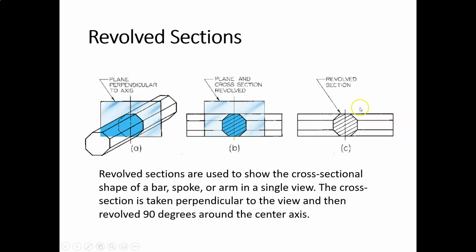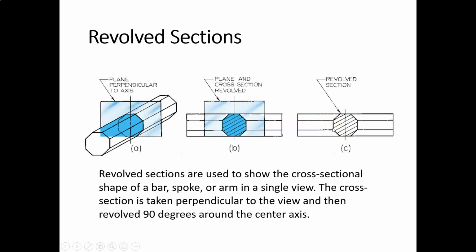And so this is the finished view. So it's kind of like in one view, there's actually two views. That might be too confusing for you, but it's how this cross section is placed right into that view.